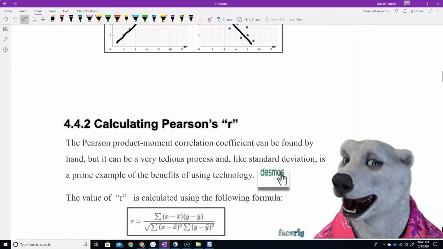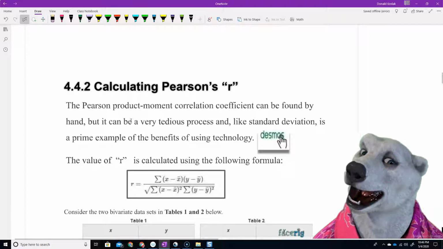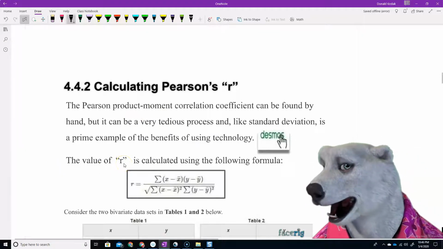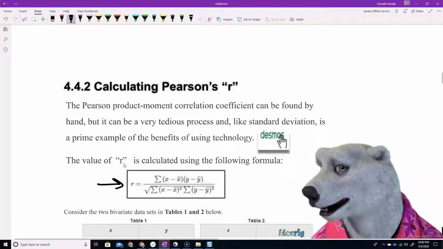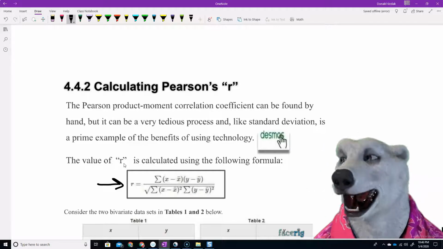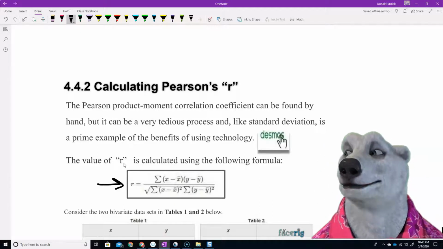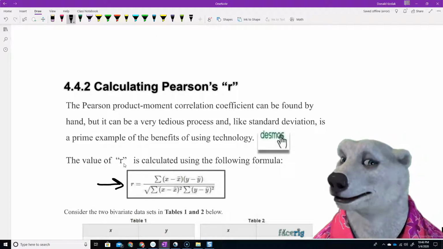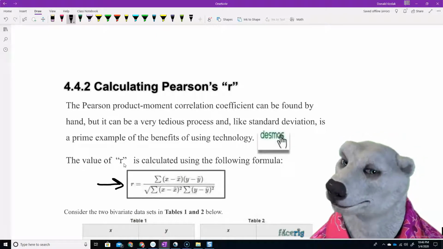Now, calculating the Pearson R correlation coefficient. Well, the formula here is pretty crazy. So we're always using a calculator to do this. It gets just too tedious to do it by hand, and you probably end up making a mistake. So you can do it on a TI-84.